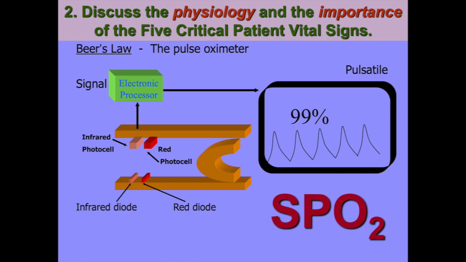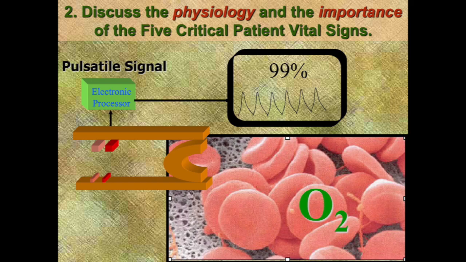And then the amount of light coming through, the amount of redness coming through, will be detected by the diodes. It's brought by wire up to the electronic processor, where a calculation is made using the Beer-Lambert law we saw in your lecture. And then it will spit out a pulse oximeter wave as well as an oxygen saturation wave.